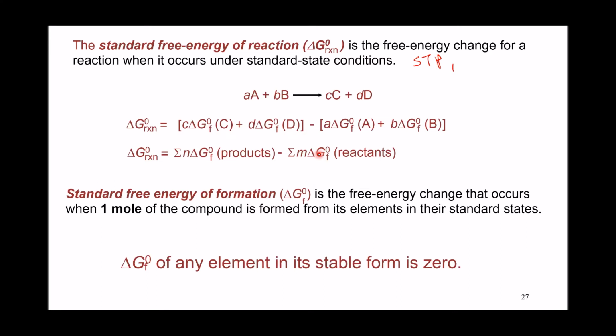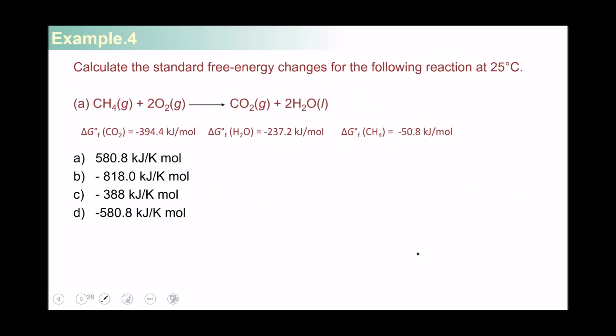Similar to delta H, we will selectively choose to make the delta G of formation for any element in its most stable form equal 0 at 25 degrees and 1 atmosphere. Using this selective reference point, we can calculate the change in free energy for any reaction using the products minus reactants math.